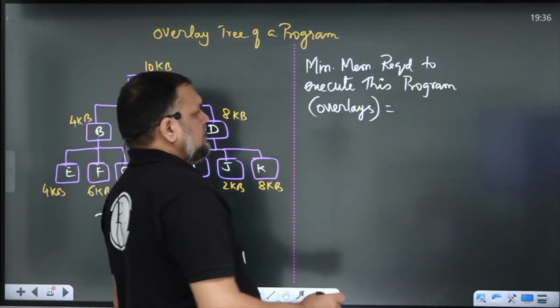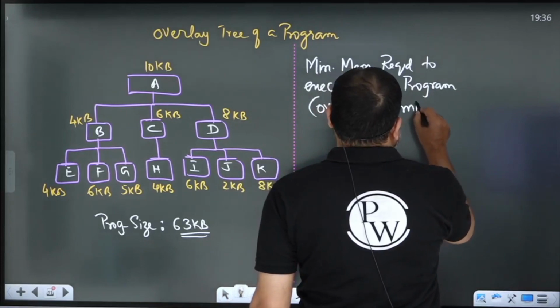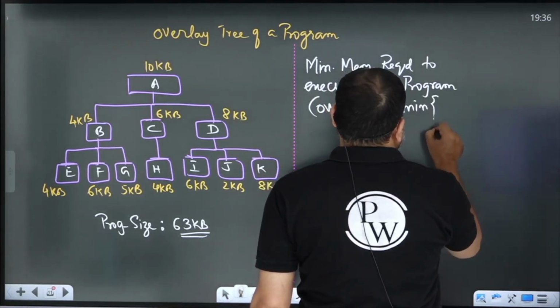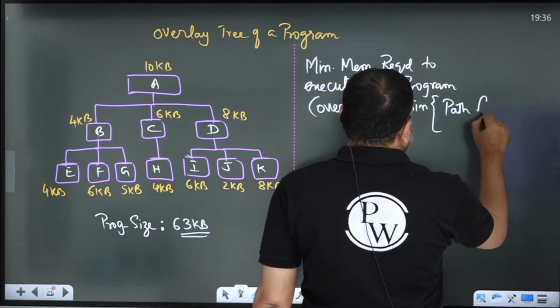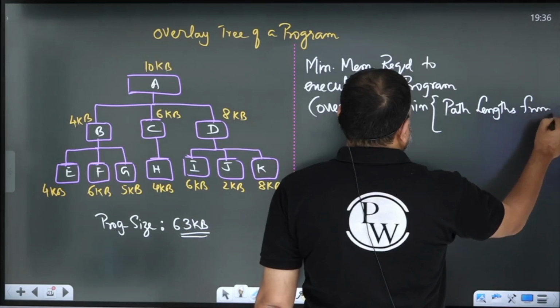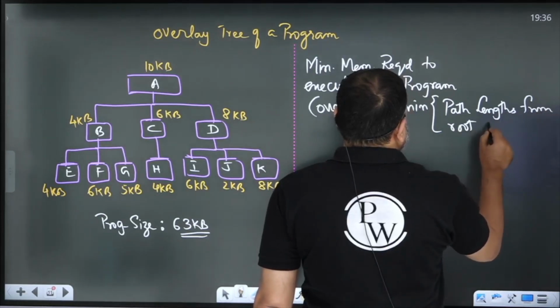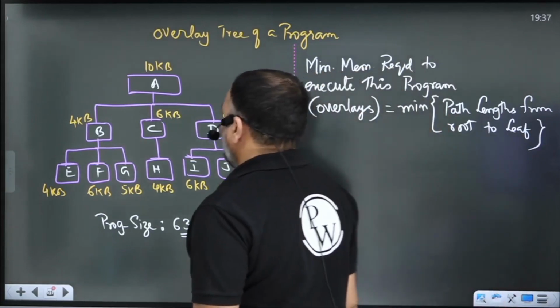As a concept, if you want me to write the formula here, it is the minimum of path lengths from root to leaf, all path lengths from root to leaf.